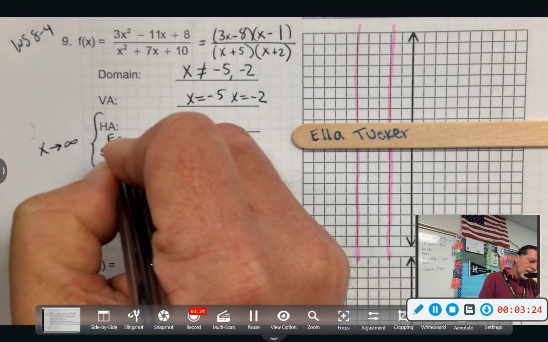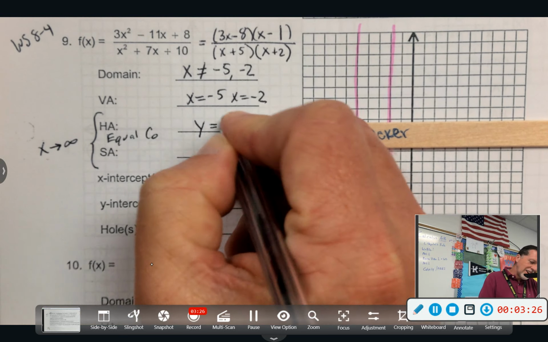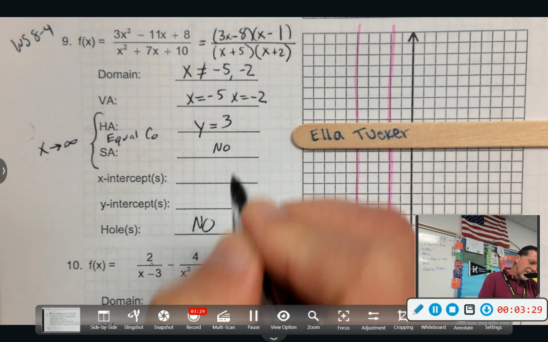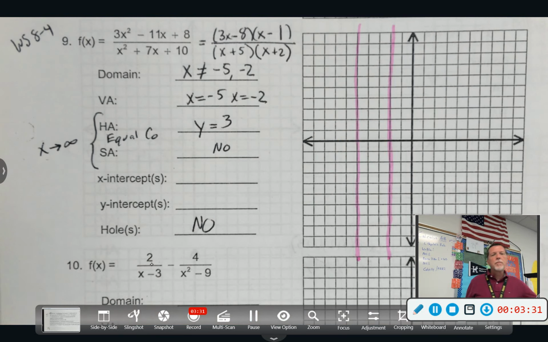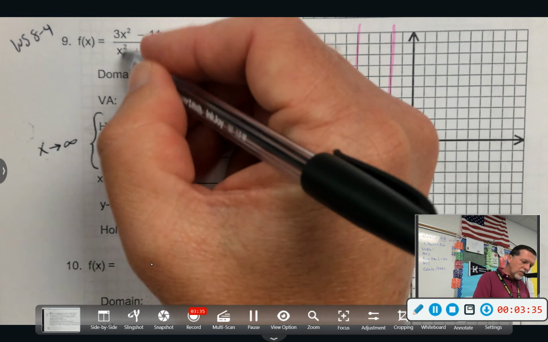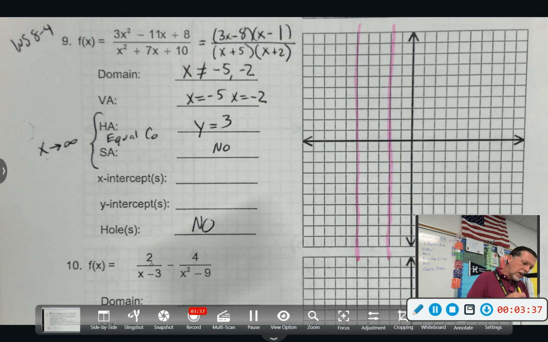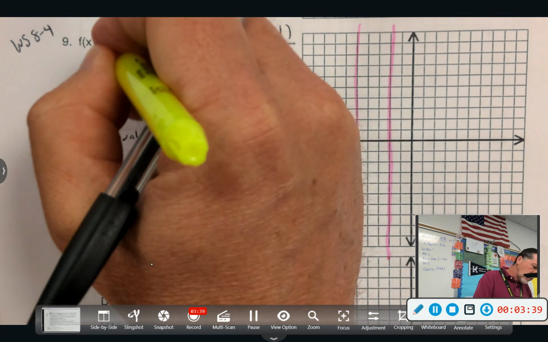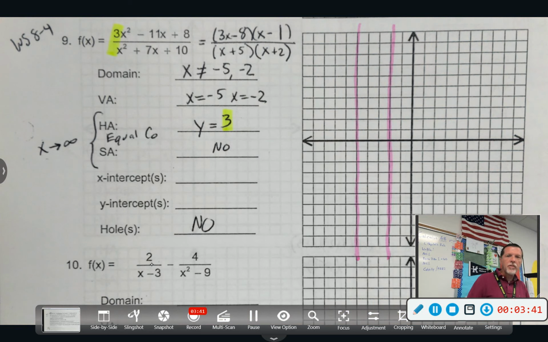Equal co. Oh, 3. There you go. So, equal co, the degrees are equal, so we use the coefficients. 3 over 1 is where that 3 comes from. So, y equals 3.